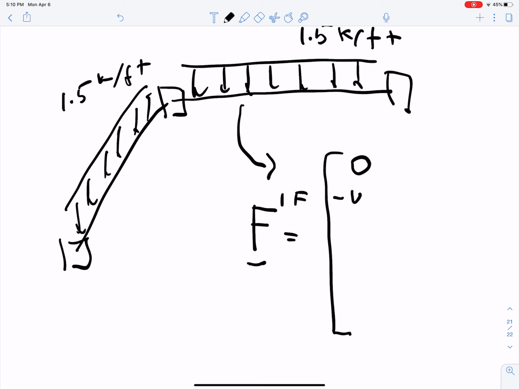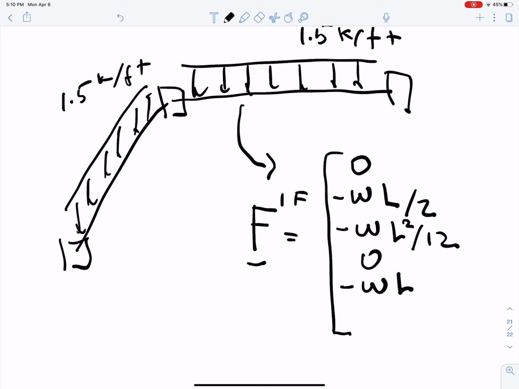Then we get minus W, the force per unit length, multiplied by the length of the beam, divided by 2. So the first node gets half the load. The equivalent moment that the first node gets becomes WL squared over 12.